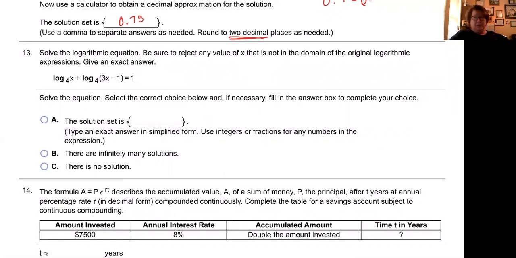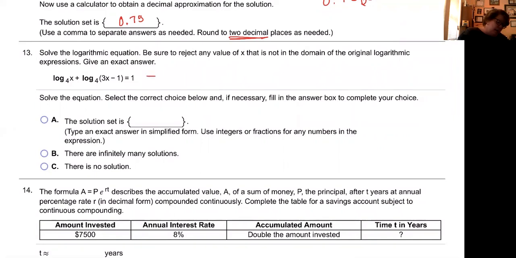And the reason I have to do that is because the way I'm going to solve this logarithmic equation is to write it as an exponential. And the only way I can write it as an exponential is to have a single logarithm. So since I have the sum of 2 logs here, I have a property for the sum of 2 logs, and I can write the sum of 2 logs as the log of the product. So it's the product rule.